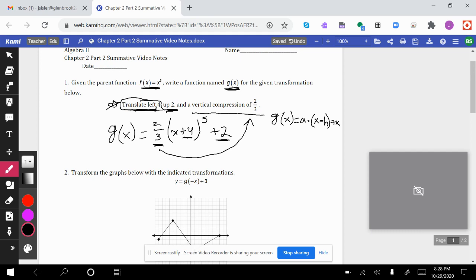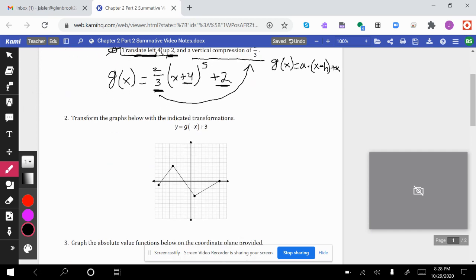Okay. So number 2, we're transforming the graph. And our graph right now is the parent function. It's the original function. And we're being asked to transform it based on these changes, right? So again, our original equation is y equals g of x. All right. Now, we have a negative sign right here indicated by this dot that I'm doing.